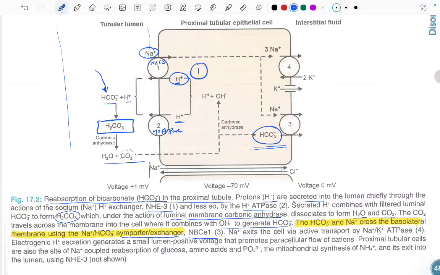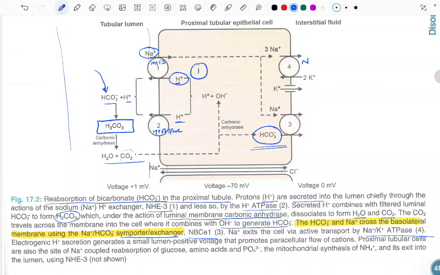This basolateral membrane is now being crossed by bicarbonate and sodium using the sodium bicarbonate symport exchanger. Sodium exits the cell via active transport by the sodium potassium ATPase. This is the sodium potassium ATPase, the fourth one.